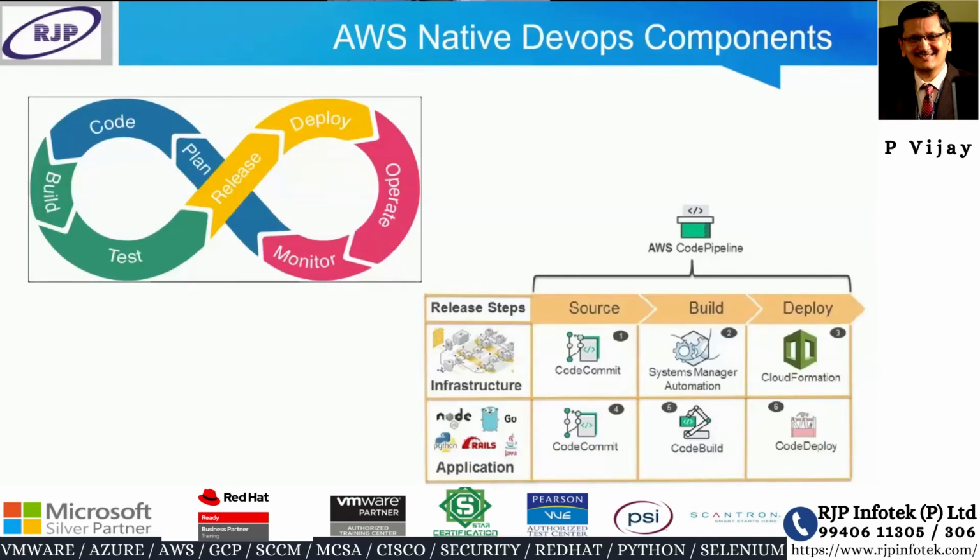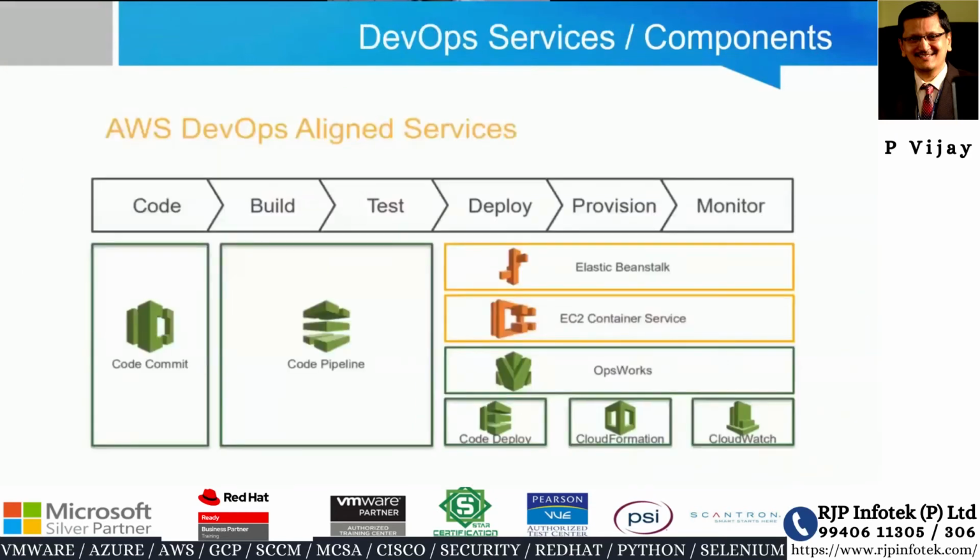If there is an error, a change is made, and the entire cycle repeats. Everything happens on the cloud itself, for the infrastructure and for the application.